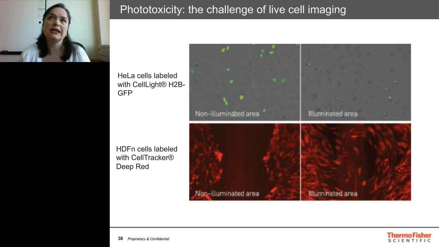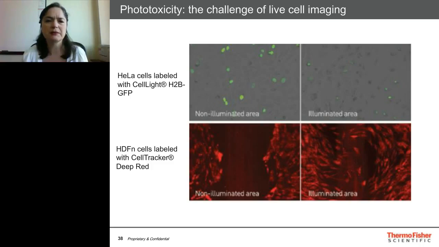It's from the actual light that you shine on your cells to get the very images you want that can be toxic to cells. And that's because most cells are not intended to ever see light the way we do when we interrogate them on a microscope. So it's something to be aware of.